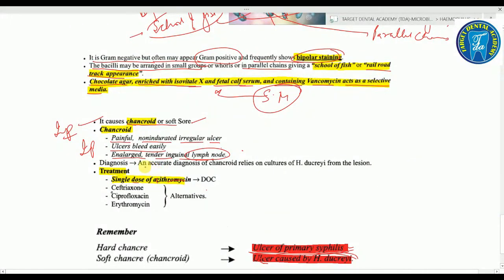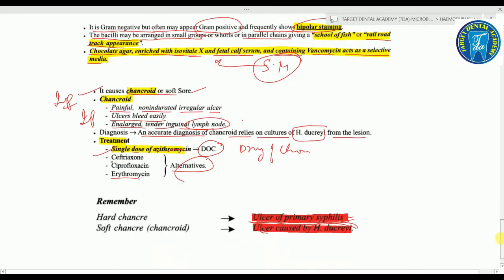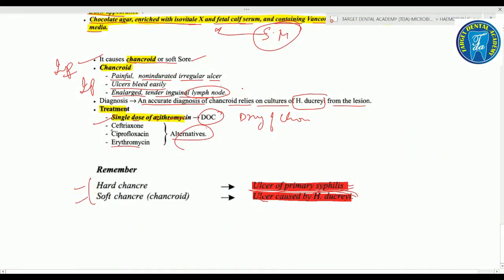The acute diagnosis of chancroid relies on the culture of Haemophilus ducreyi from the lesion. The treatment is a single dose of azithromycin, which is the drug of choice, while erythromycin is the alternative. So these are the two important points. Please don't get confused between the chancre of primary syphilis and the chancre of H. ducreyi.